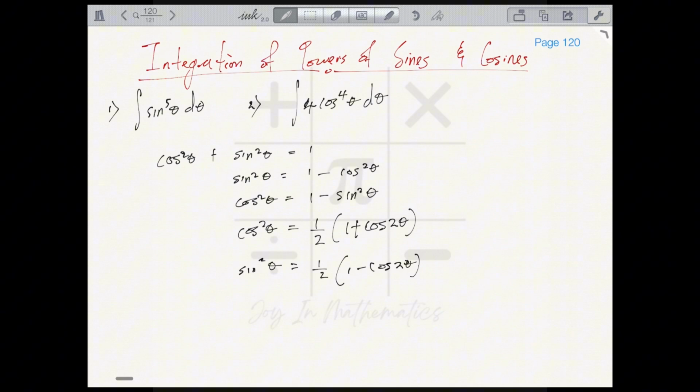So with these expressions, we can simplify further any question regarding powers of sines and cosines. So let's take our first example.